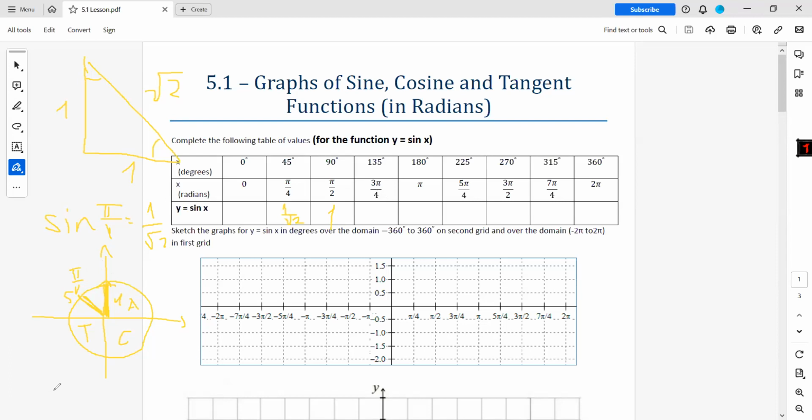We say that sine of 3 pi over 4 equals cosine of pi minus 3 pi over 4, which equals cosine of pi over 4, right? Which is equal to 1 over square root of 2.